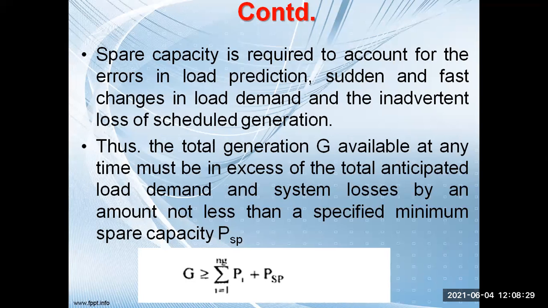So each generator has to generate some amount of excess generation, but that amount of excess generation should not be too much, because we cannot store the electrical power. If every generator is generating excess power, and the load is less than your connected generation, so what will happen? You cannot store the electrical power. Because can you store the electrical power?